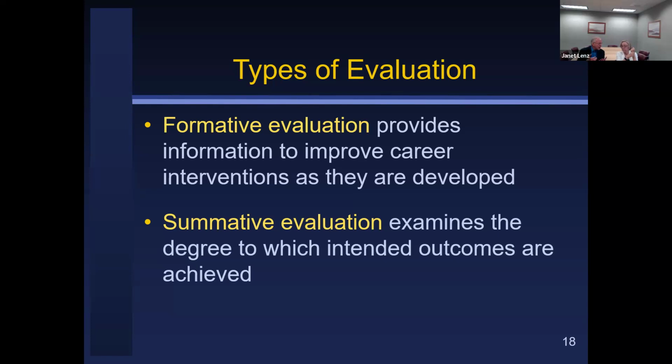Let's assume that we're creating a new group to serve people who are making transitions out of corrections into living independently. And we're using an assessment to help them gain self-knowledge and options knowledge and so forth.